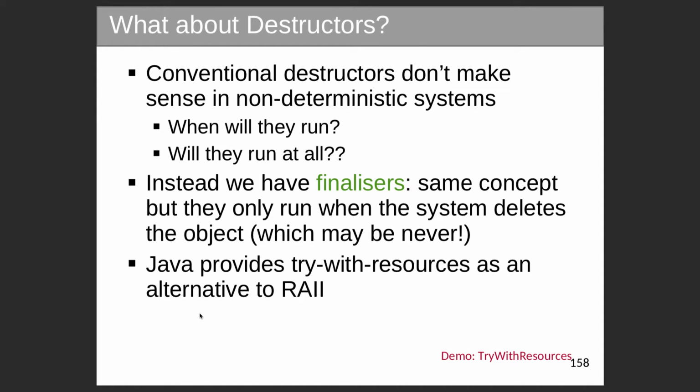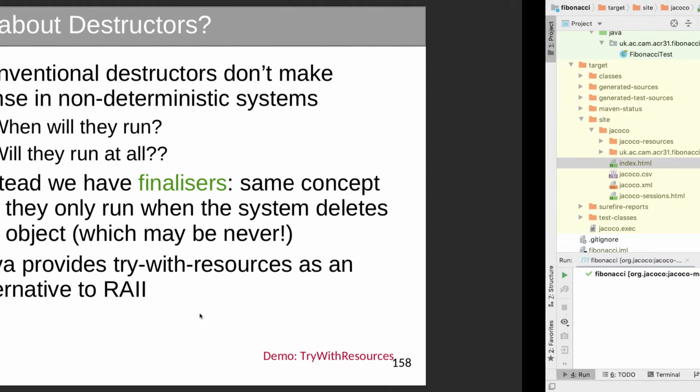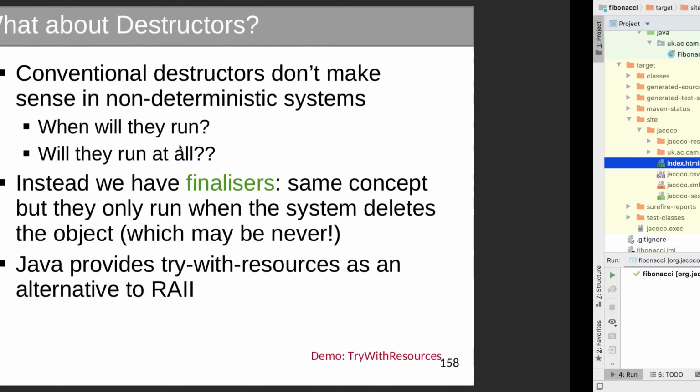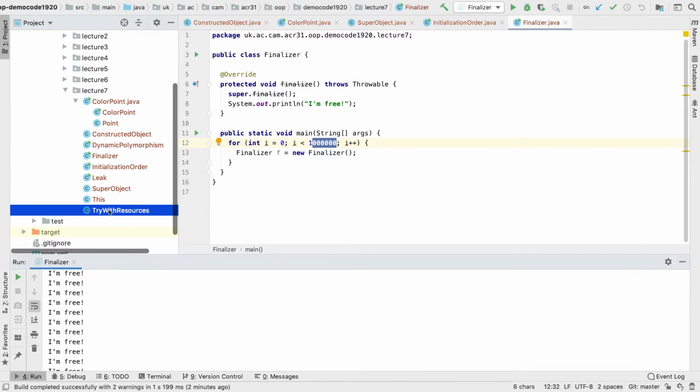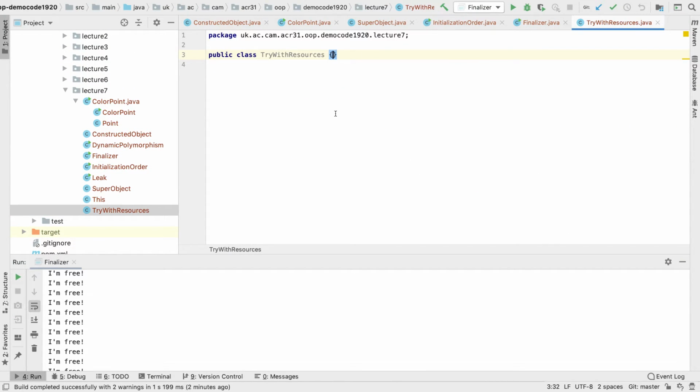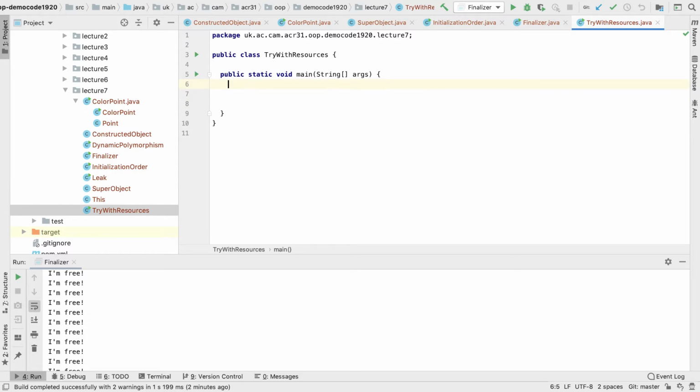Java added a programming construct called try with resources to give you an alternative to RAII, as a way of trying to release your resources sensibly. So, what does that look like? Well, imagine my try with resources object.